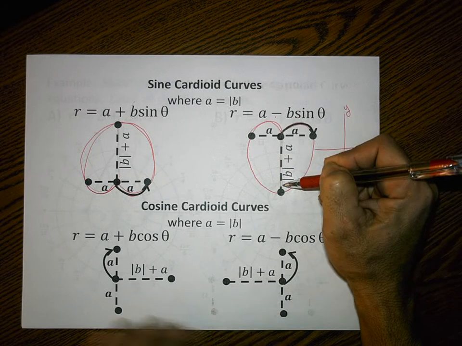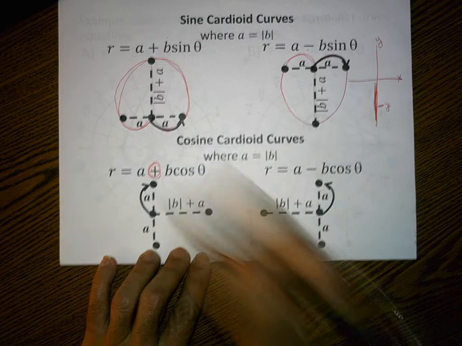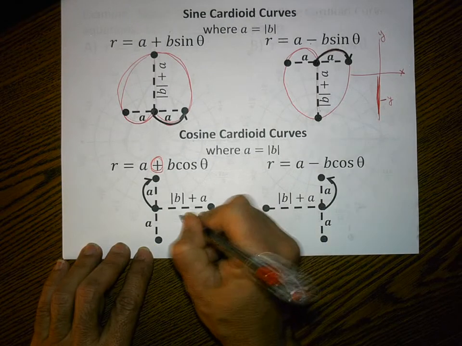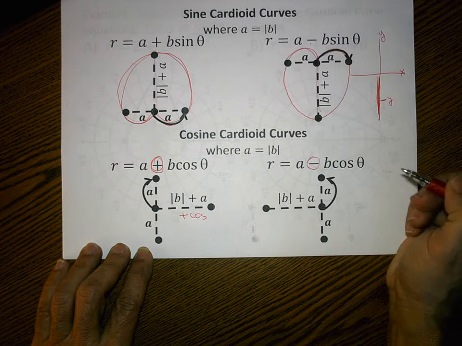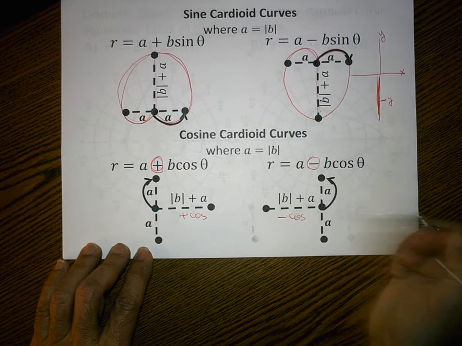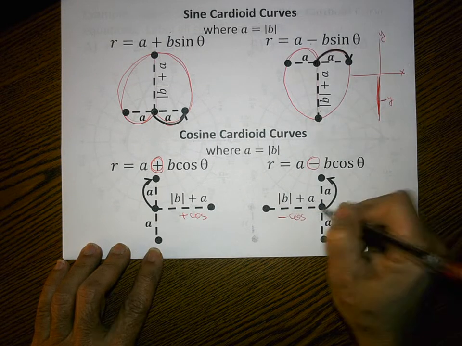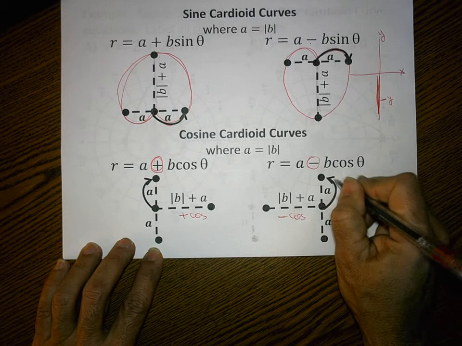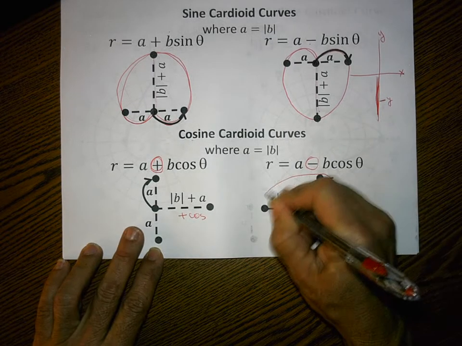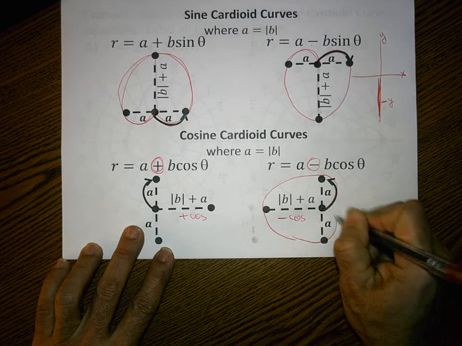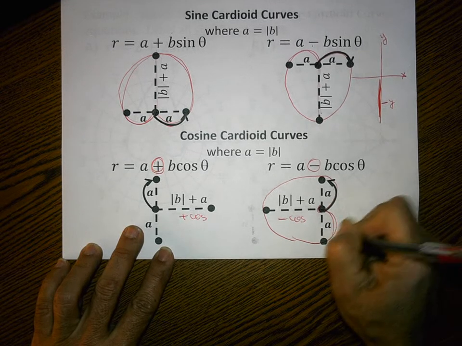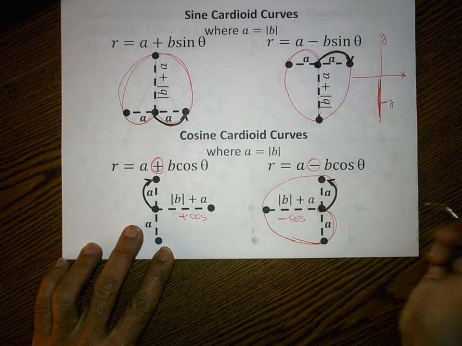Now the cosine is the same thing, but we just have to focus. If I have a positive cosine, I'm going to go over here to the positive cosine pole. If I have a negative cosine, I'm going to go to the negative cosine pole. So we still go the value of A, and then form the cardioid with A plus B, and then come back, connect the value of A, and finish exactly where you started at the origin, or the H and K starting point.